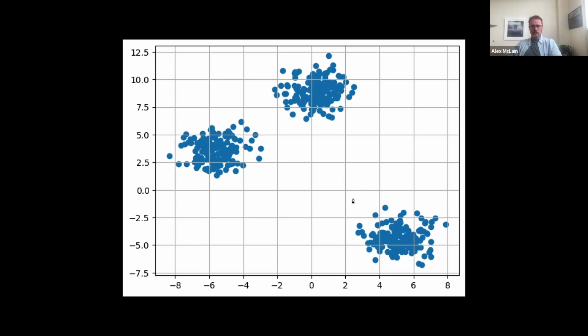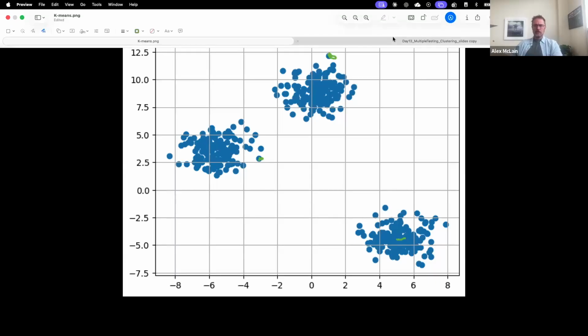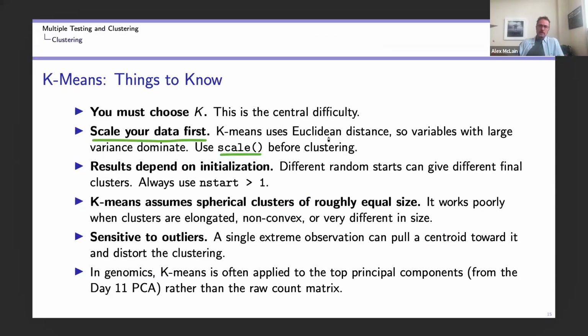If, on the other hand, we started with one data point right here and one data point right here, we may end up clustering these 2 together. We may end up with the same thing, but it is a little bit sensitive to where we start. So, and it's random. So the results are going to depend on initialization. It has a little randomness to it.